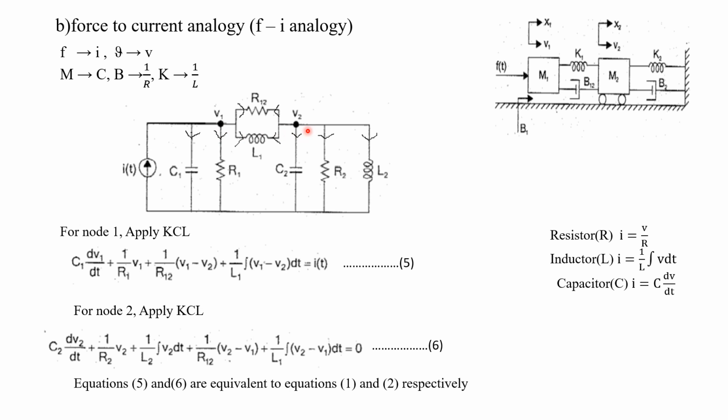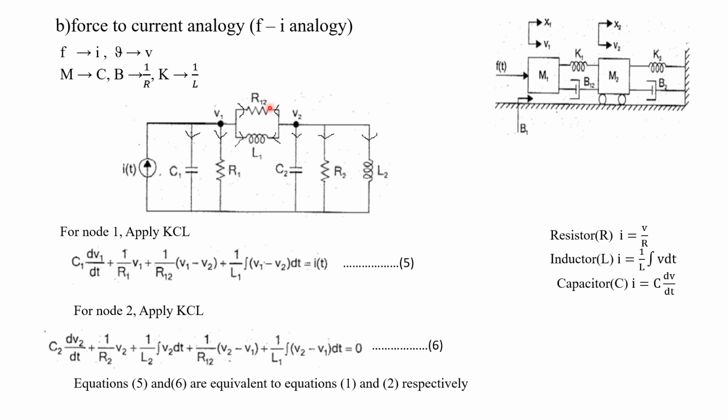V1 minus V2, because now we are writing the equation for node 1, so the corresponding voltage should come first. We are considering this direction: V1 is the higher potential and V2 is the lower potential. So V1 minus V2 into dt.